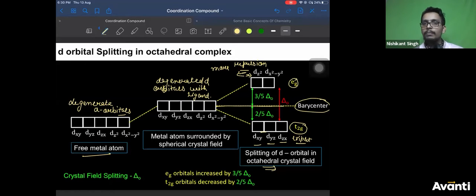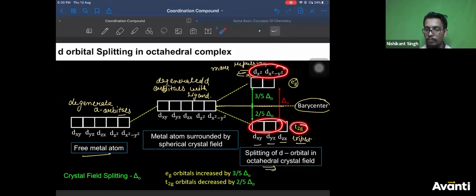These are Mulliken term symbols. There is no meaning to them directly; they are symbols given to certain symmetry. There is a derivation for it. Mulliken gave these symbols, that's why Mulliken term symbols.